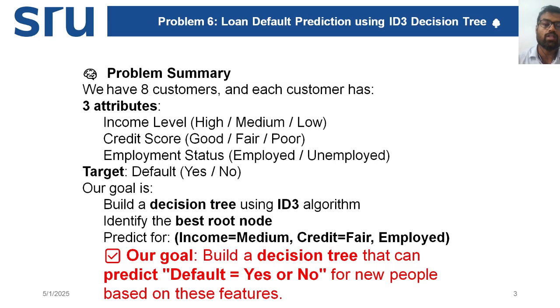Our goal is to build a decision tree using the ID3 algorithm, identify the best root node, and predict for a person with medium income, fair credit, who is employed, whether the loan will be defaulted, yes or no. So we build a decision tree that can predict yes or no for new people.